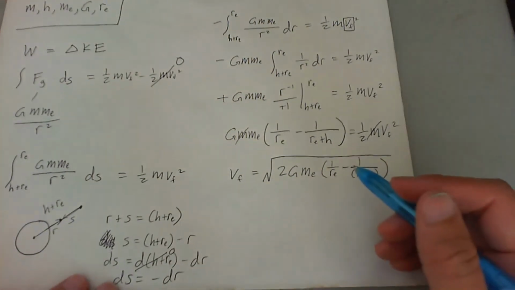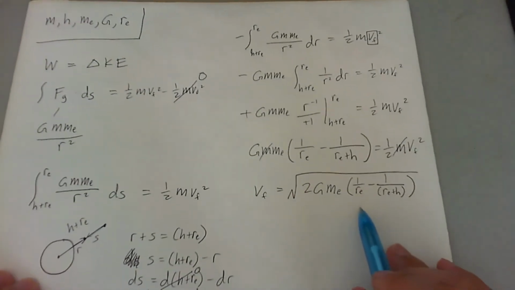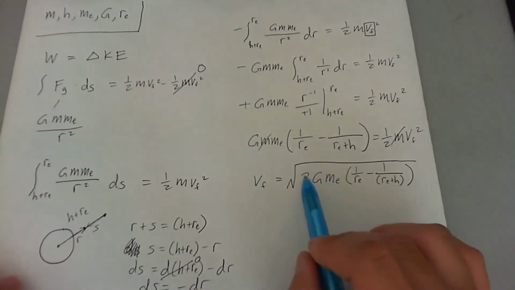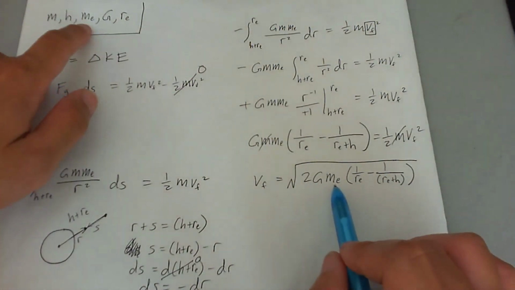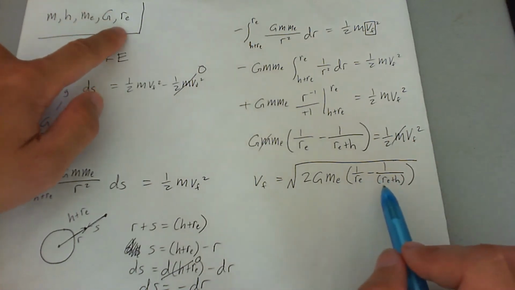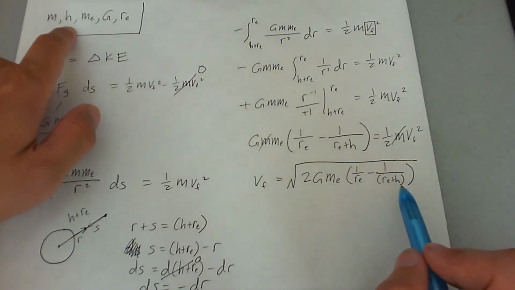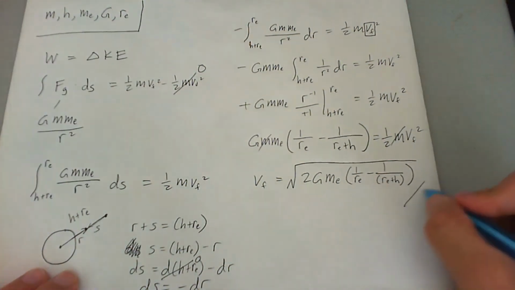Plugging in all the numbers, actually, we don't have any numbers. Let's make sure we get it in terms of the variables first of all. We have G, M_E, R_E, R_E again, and h, and we didn't need to invoke m. This is the final answer.